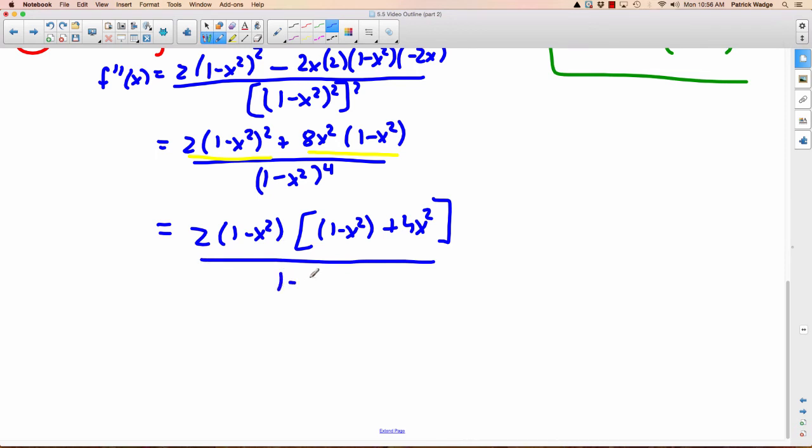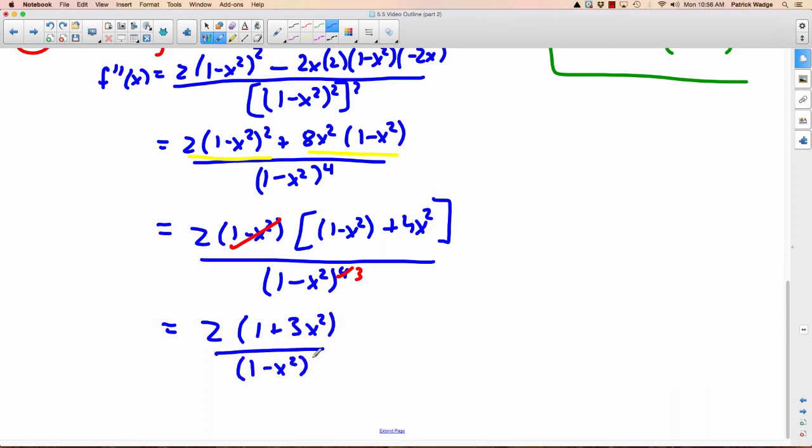And that's all divided by 1 minus x squared to the fourth. Hey, we've got a 1 minus x squared here and 4 of them here. Let's drop that down to a 3. So we've got 2 times 1 minus x squared plus 4x squared. We can combine the negative x squared and the 4x squared and get 3x squared. So we get 1 plus 3x squared all over 1 minus x squared to the third power.